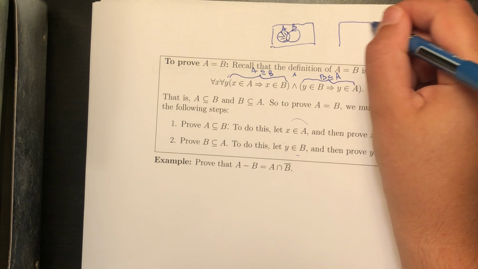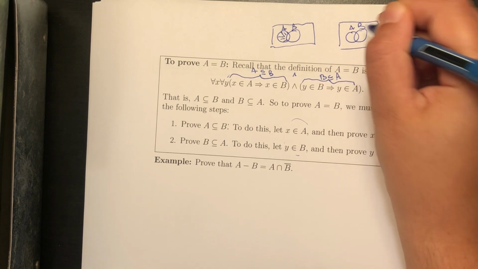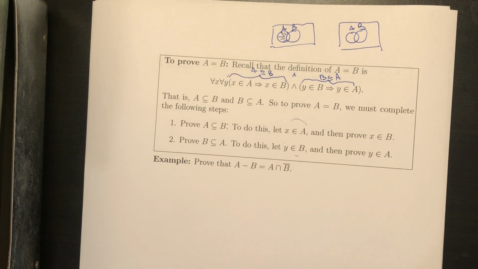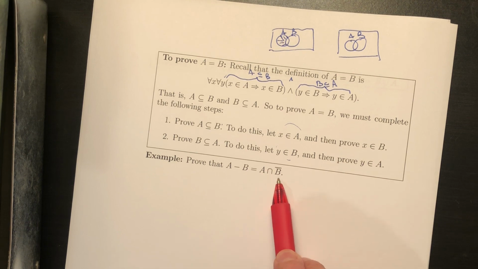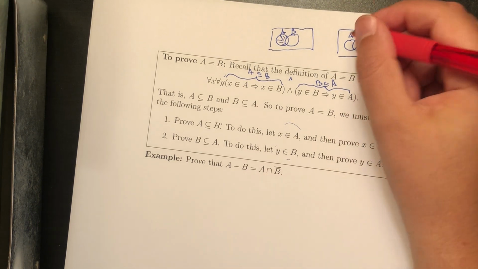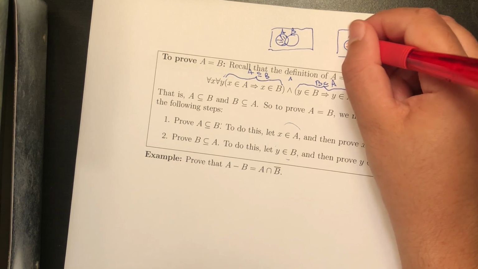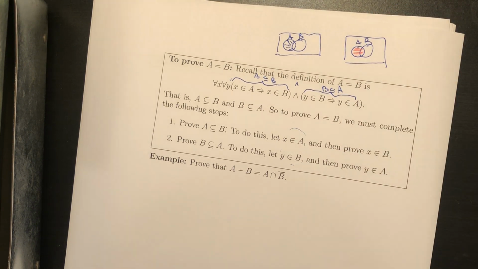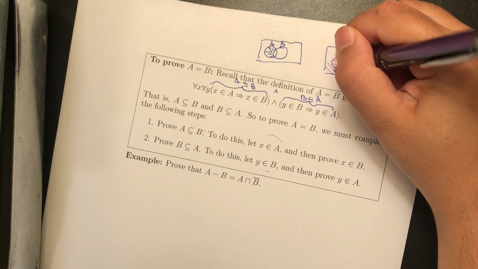Now I'm going to do another Venn diagram and highlight A intersect not B. All right, this is an intersection, so I want to find the stuff that's in A and also not in B. So let me start off by shading A. That's all of A. Now I'm also going to highlight the stuff that's in not B, in other words, everything outside of the B circle.